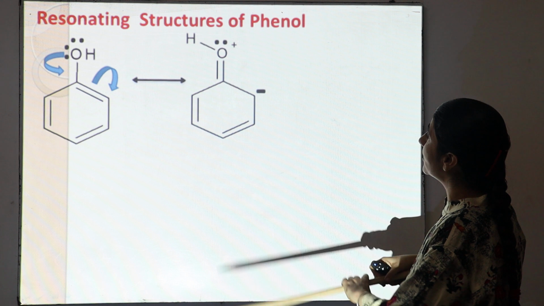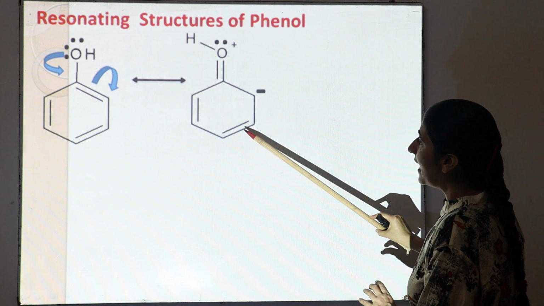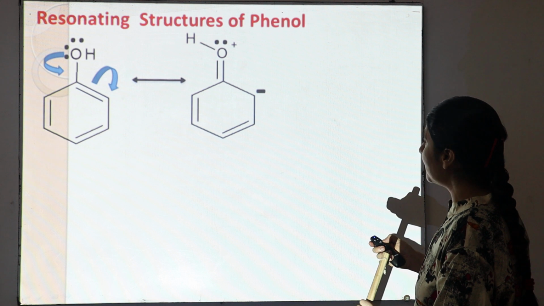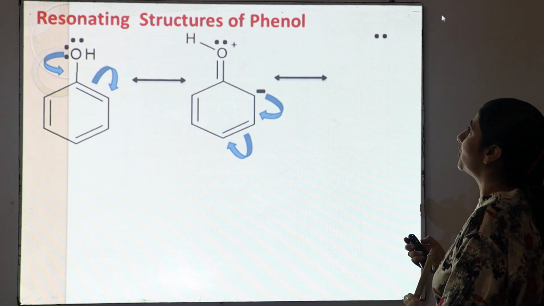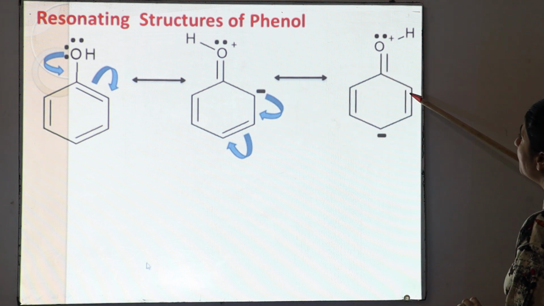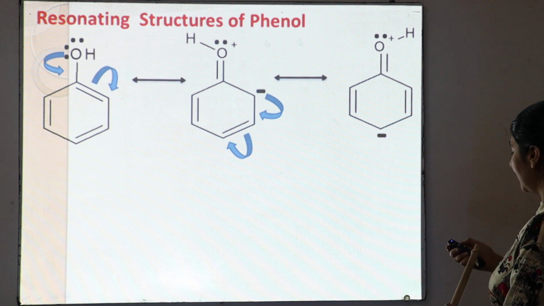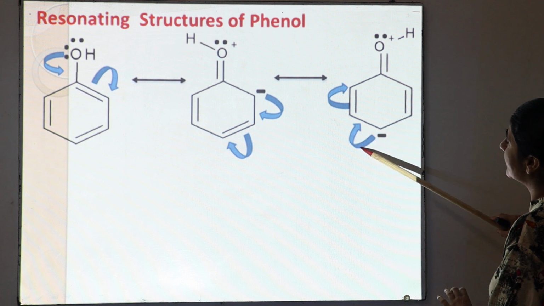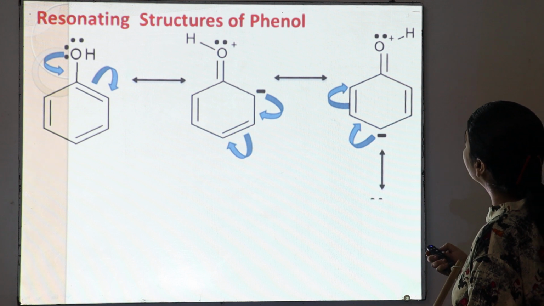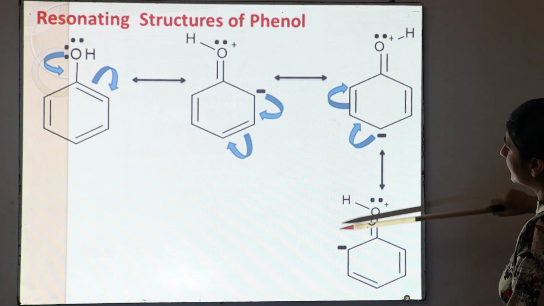In the third resonating structure, there is again a migration of this negative charge toward the next carbon atom, and as a result a migration of pi electrons, forming a carbon-carbon double bond, and this carbon acquires a negative charge. Again there is a migration of the negative charge and pi electrons, and we get the fourth resonating structure in which another carbon acquires a negative charge.